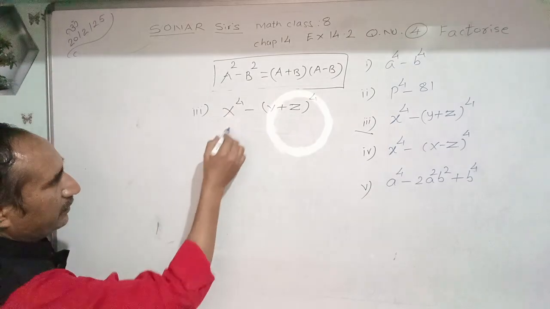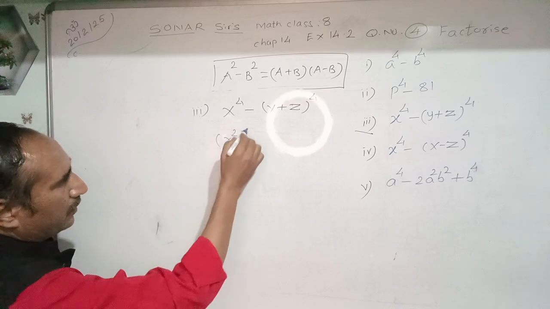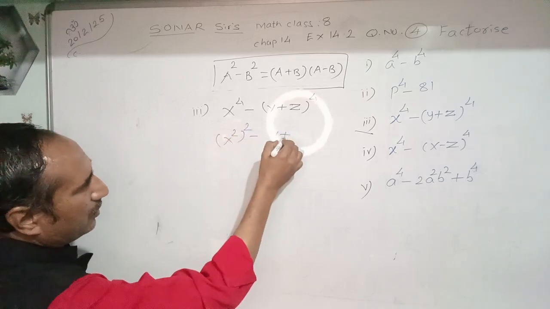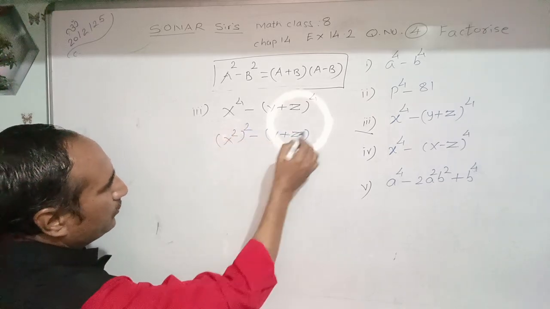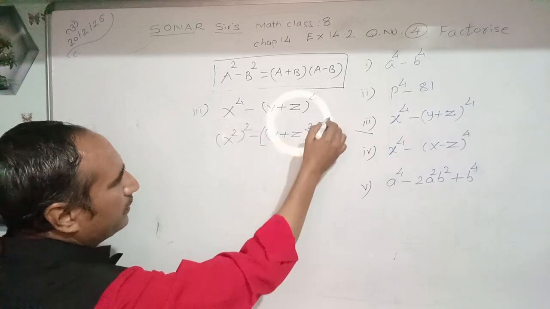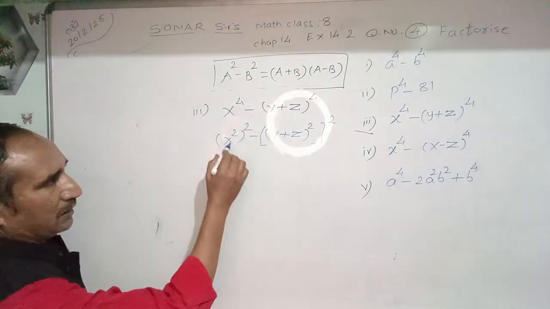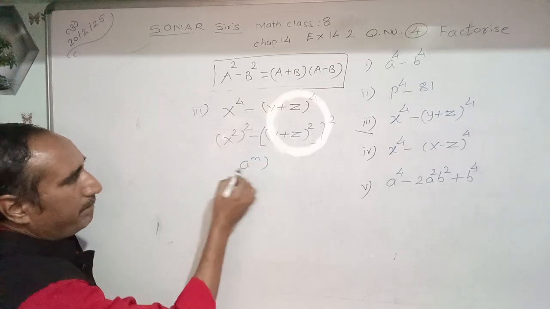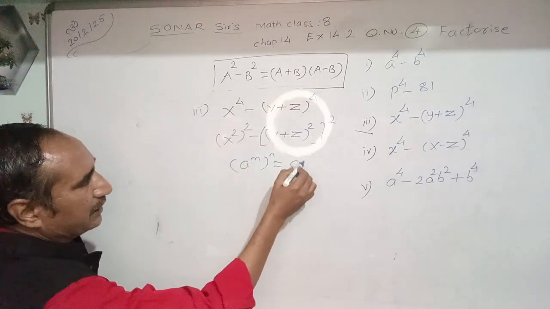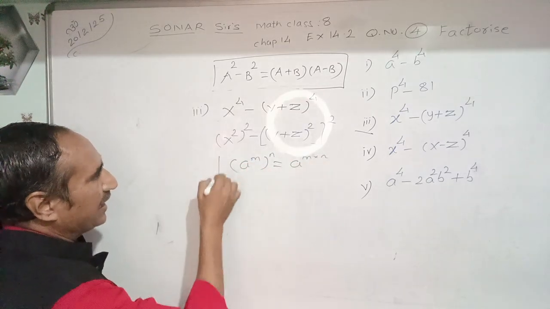Here again we are going to make use of the rule: power raised to power is multiplied. So a raised to m raised to n is a raised to m into n.